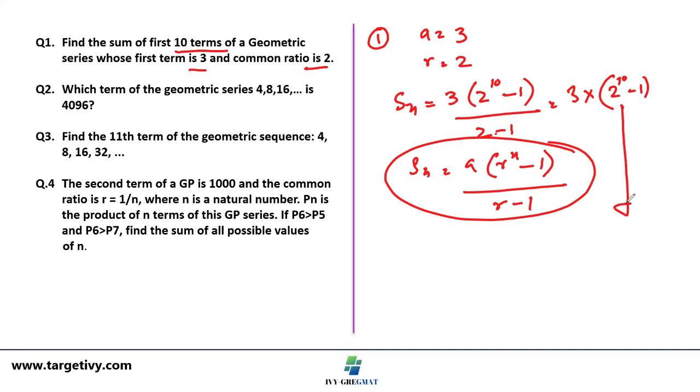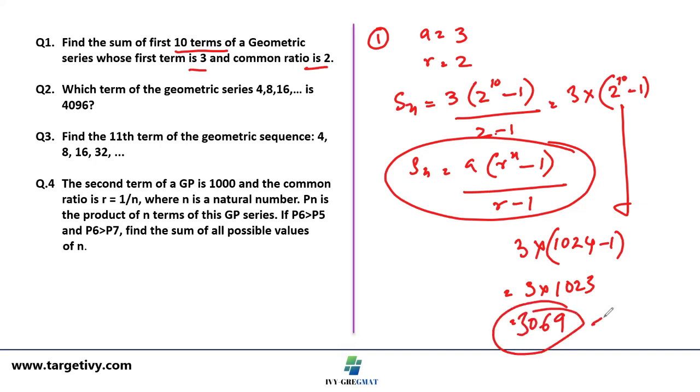So this will translate to 2 to the power 10 is 1024. 3 multiplied by 1024 minus 1, which is 3 multiplied by 1023. So if I do a simple calculation, it becomes 3069. This is the answer.